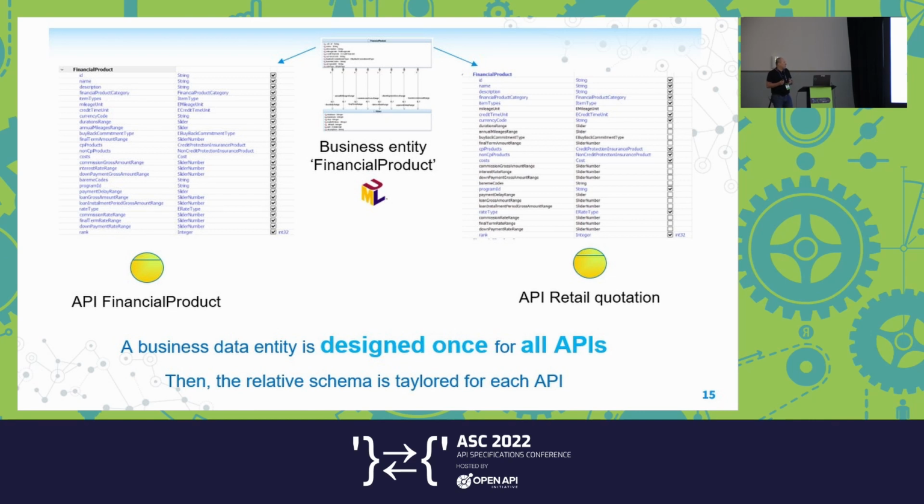It's defined once, but of course, in each API, we are able to, for example, this is the actual, it's not a theory. I show you the actual Open API in the market. For example, there is the API financial product, there is a schema financial product, and of course, all the property are involved in the Open API.